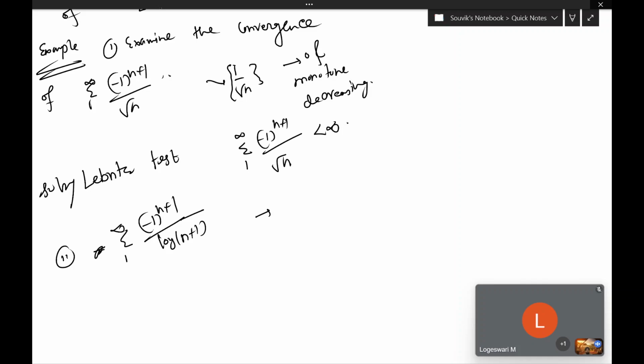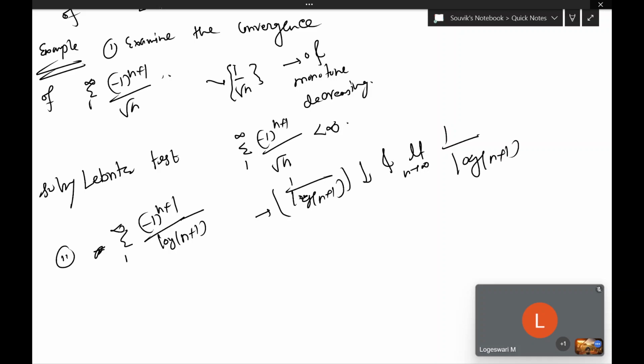So how do we do this? Observe that this series 1 by log(n+1) is monotone decreasing and it converges to 0, so the series converges.